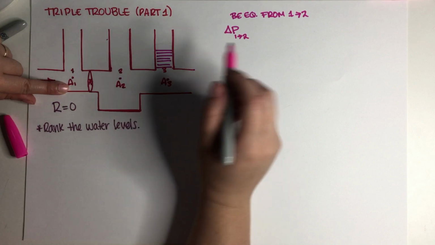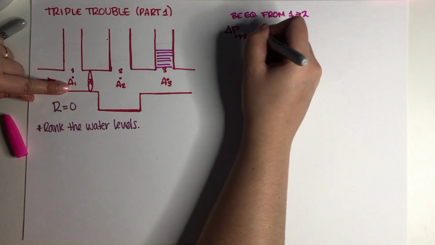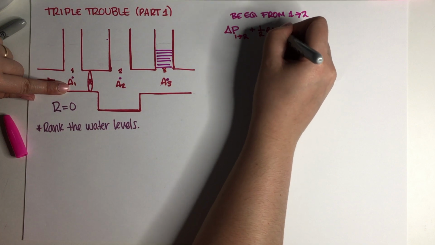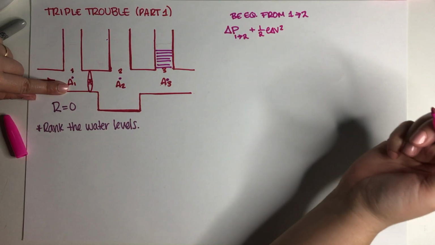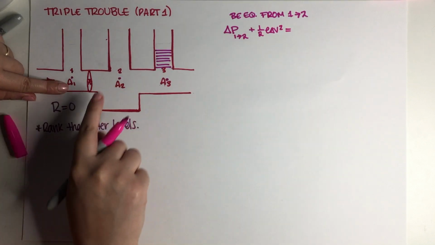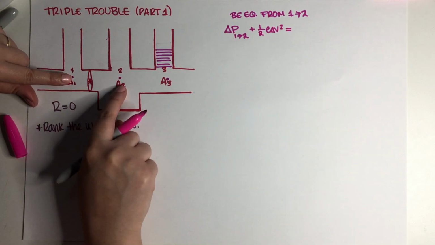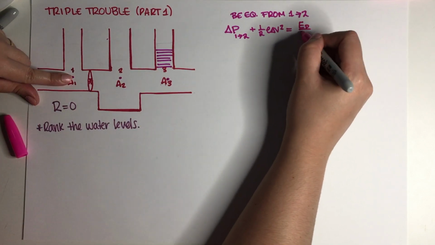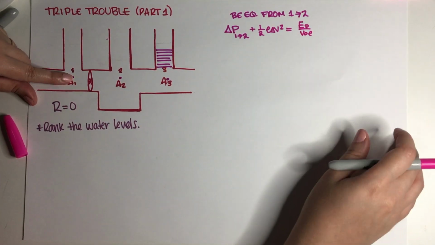No, I don't. Do I have a change in area? Yes. So 1/2 rho delta V squared. Resistance is negligible, so there is no resistance term. But if I'm going from 1 to 2, there is a pump, so E pump divided by volume.